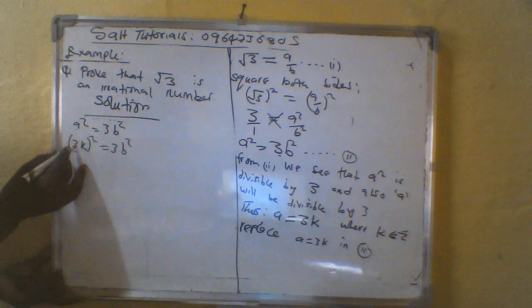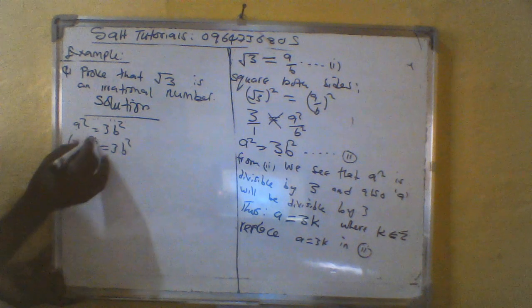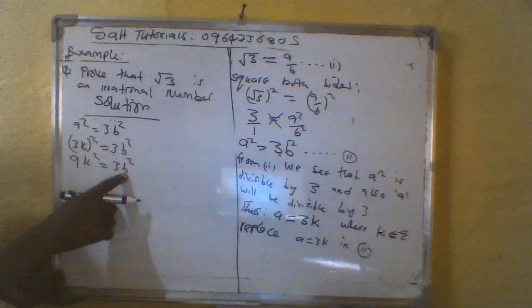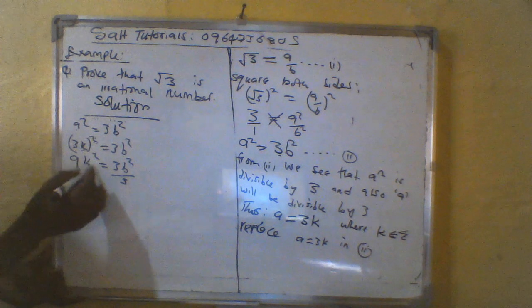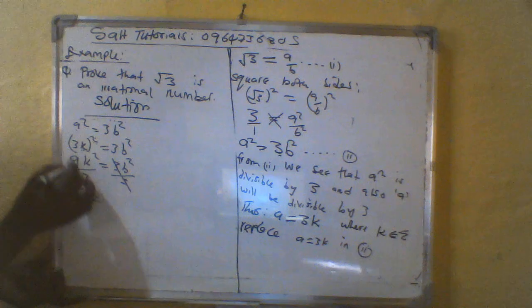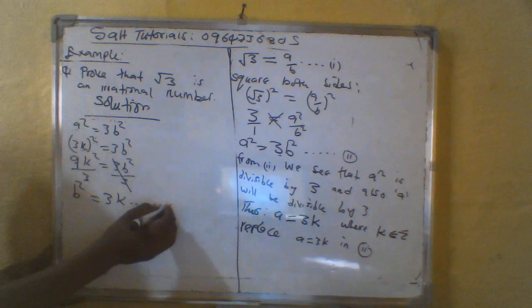This square is for 3 and this square is for k. So 3 squared, I'm going to have 9k squared equals 3b squared. Make b squared the subject: divide by 3, this goes, and b squared will be equal to 3k. This is my third equation.